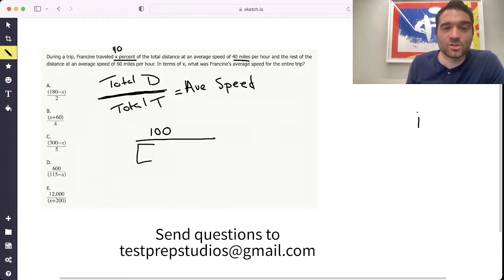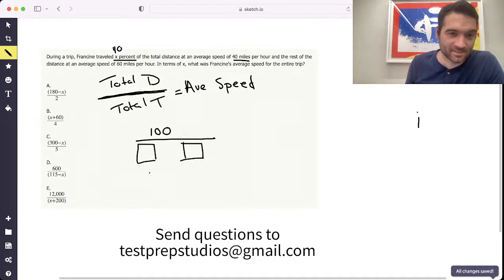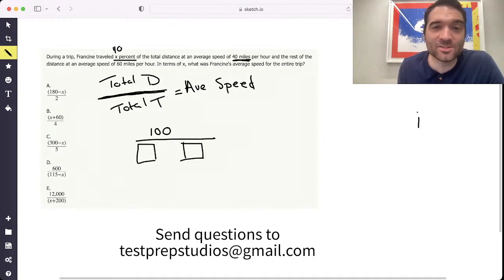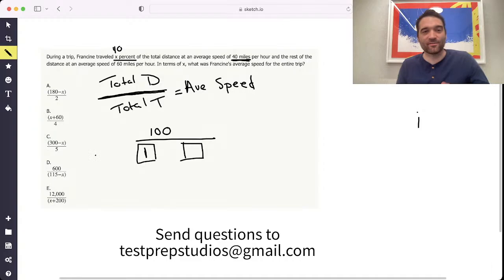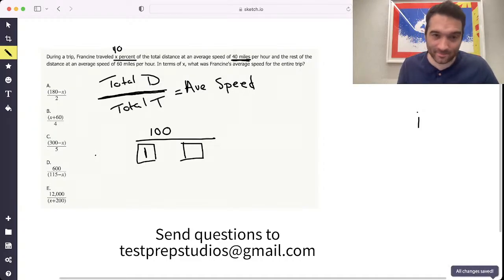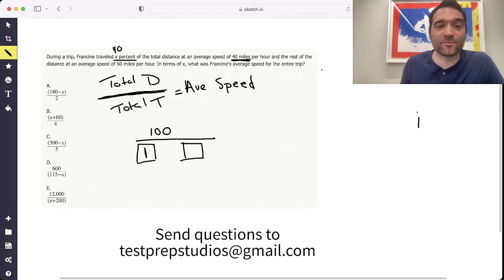How much time did she spend on the first leg, and how much time did she spend on the second leg? Well, let's calculate that. If she traveled 40 miles an hour for 40% of the distance, that's 40 miles, then how many hours is that going to take? It's going to take 1 hour, right? If I'm traveling 40 miles an hour for 40 miles, then I'm going to do it in 1 hour. And for the second part of the trip, she's going 60 miles an hour, and that's the rest of the trip.